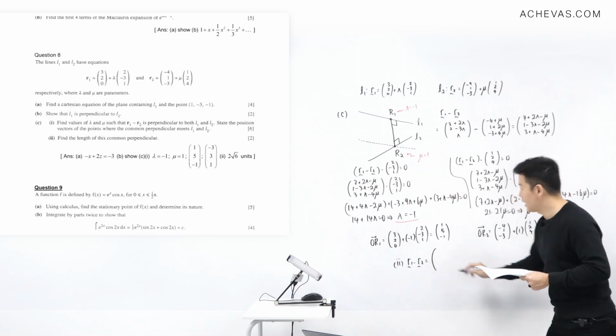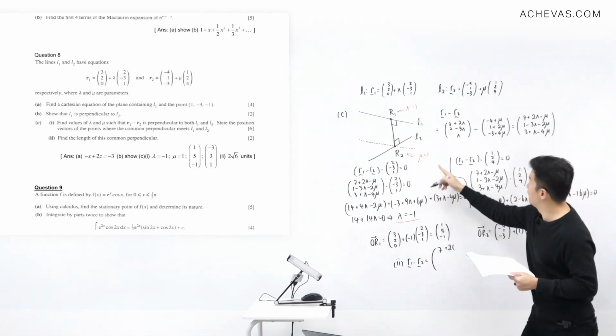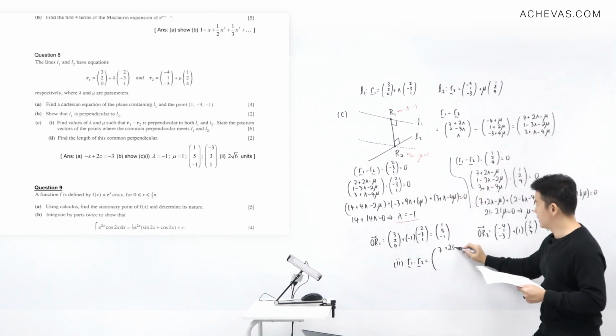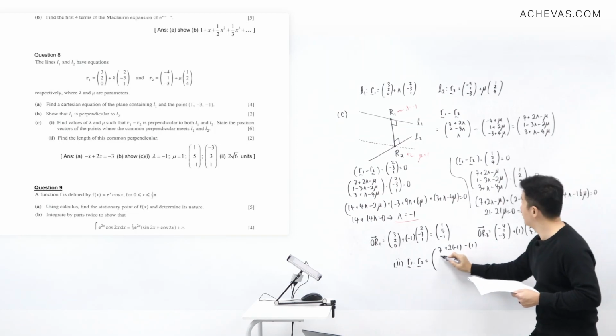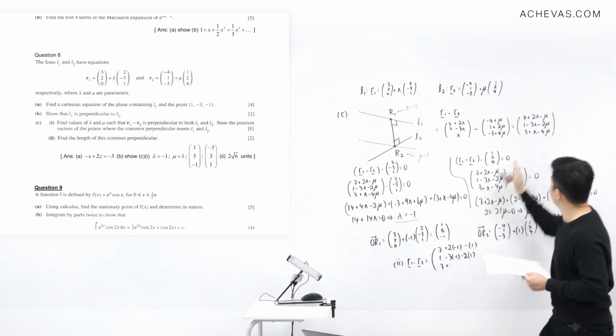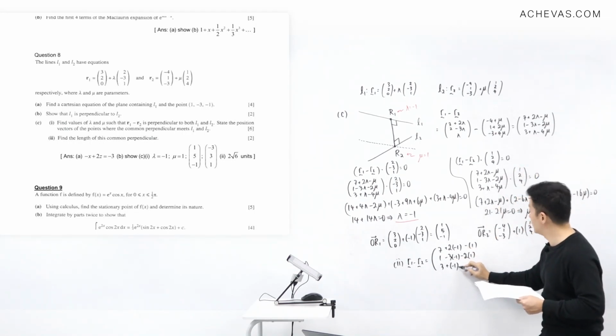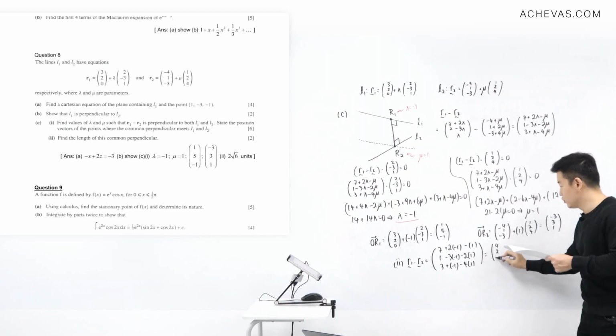So R1 minus R2 will be 7 plus 2 times lambda, lambda is equal to minus 1, so minus 1, minus mu, which is equal to 1. Then 1 minus 3 times minus 1 minus 2 times 1. Then 3 plus lambda, which is minus 1, then minus 4 times 1. So R1 minus R2 is going to be equal to (4, 2, -2).